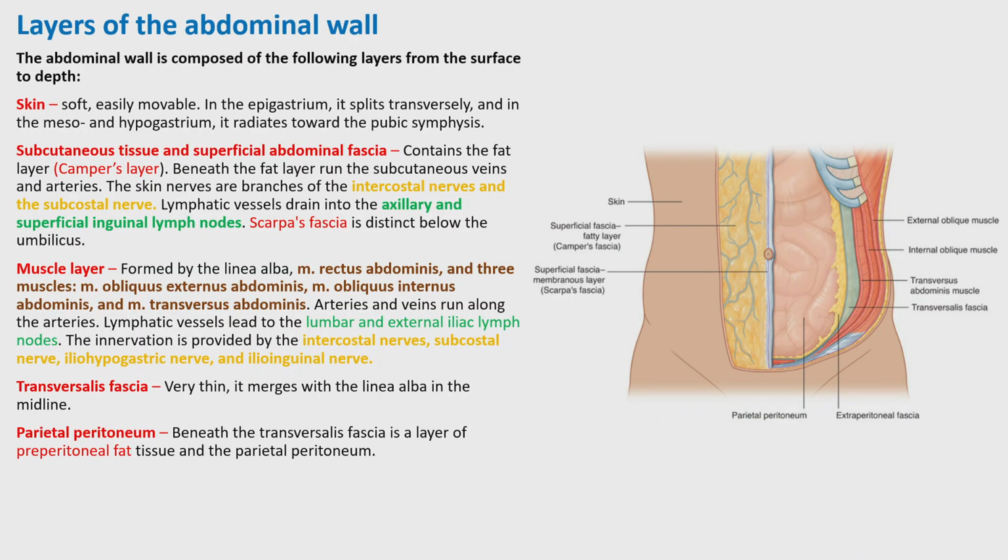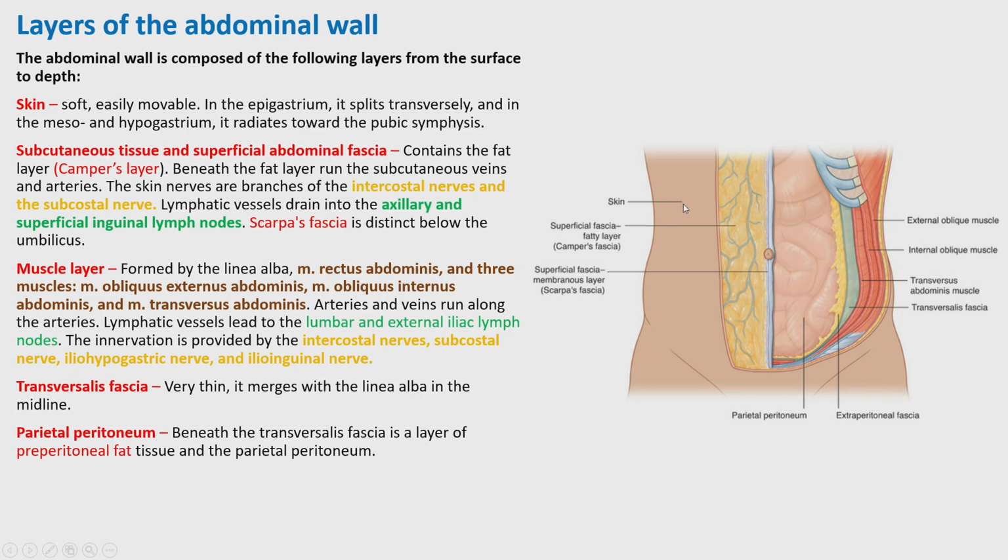This is important. Like the thoracic wall, where we described the layers, you also have to know, when you are dissecting a dead body or operating on a person, what the layers are from superficial to deep. The first layer is the skin, as you know.